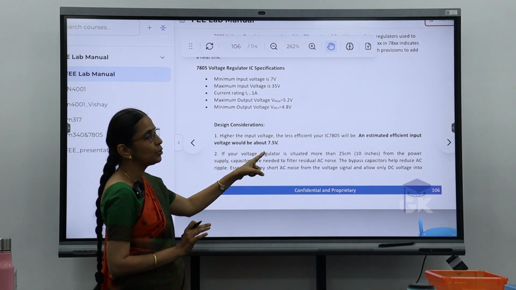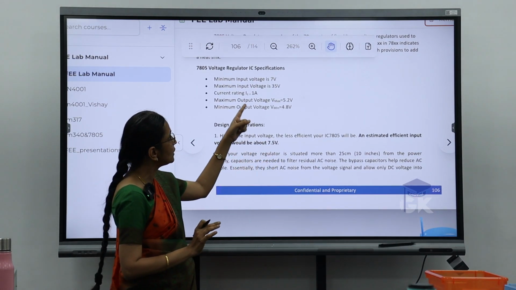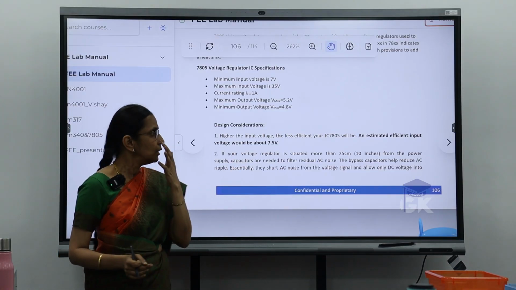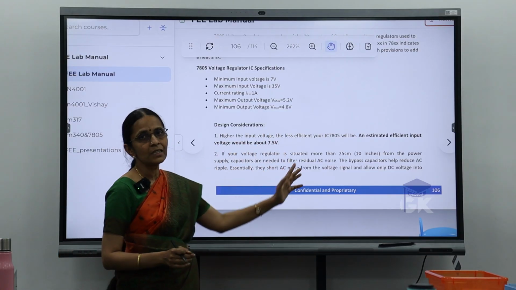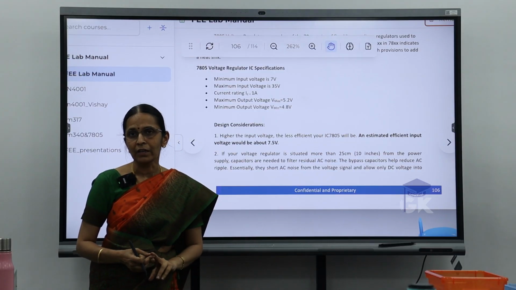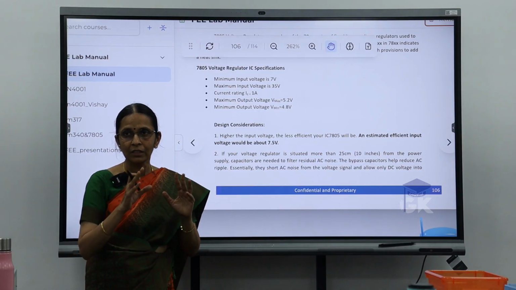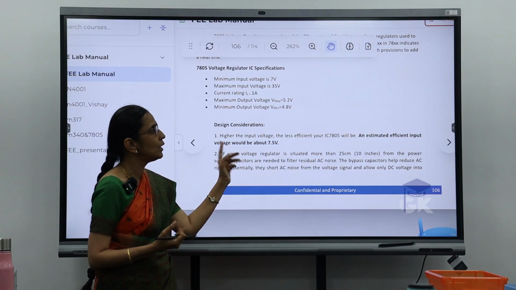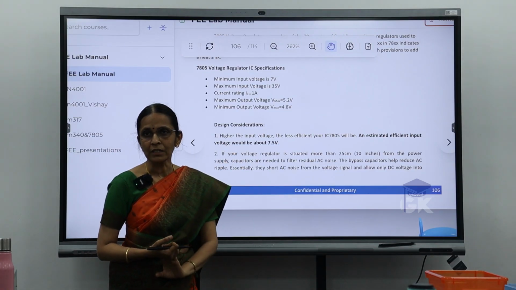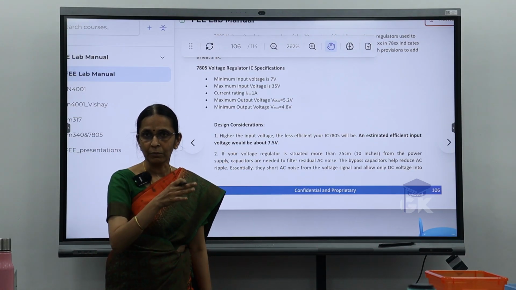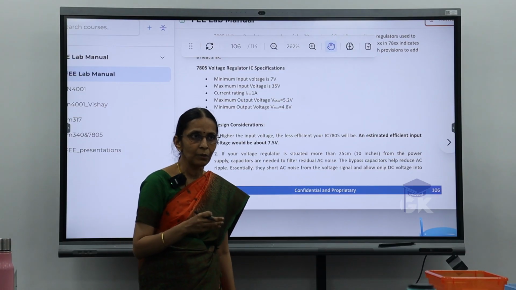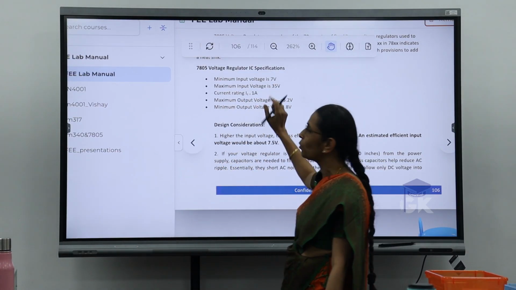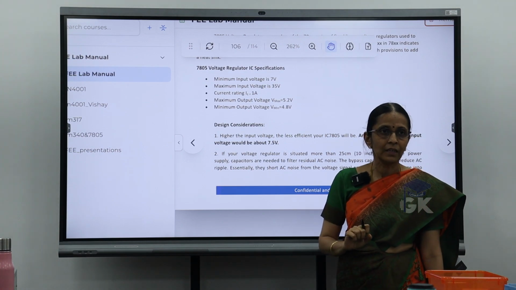So higher the input voltage, less efficient will be your 7805. That is one statement. An estimated efficient input voltage would be about 7.5 volt, the minimum. I'm talking about the minimum. What is the highest input voltage that I can provide? 35.